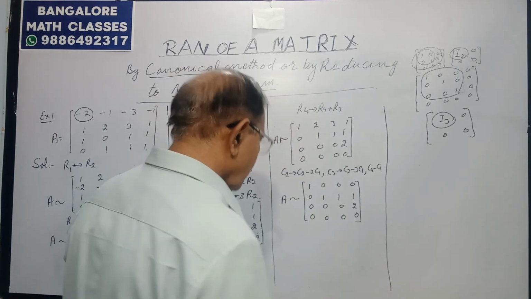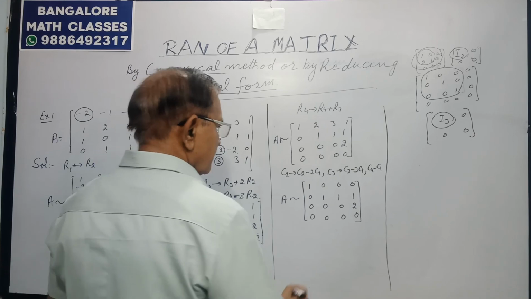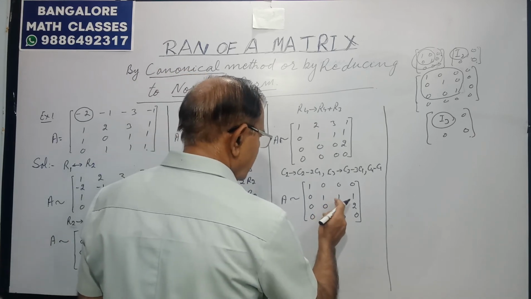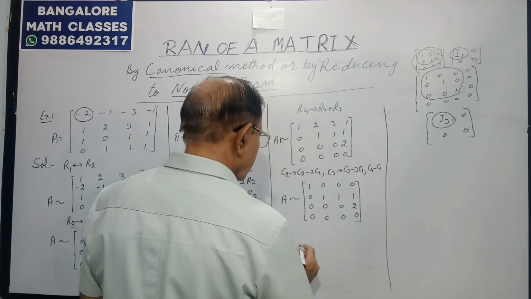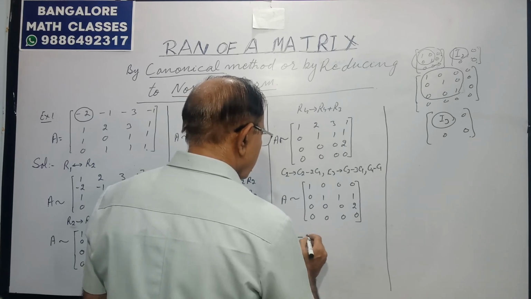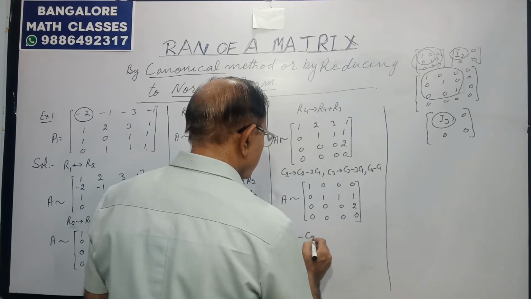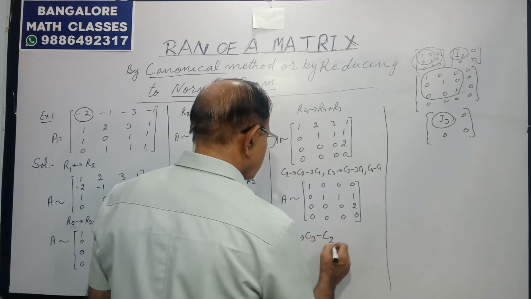See how I can write it now. Can I go for C3 minus C1 to get 0 here? C3 minus C2. C3 to C3 minus C2.